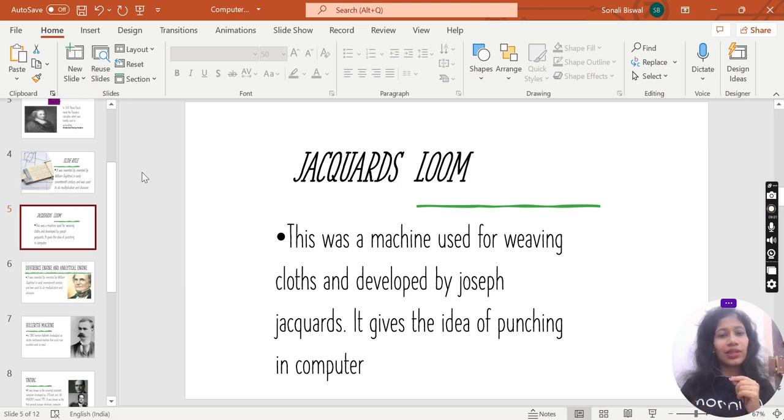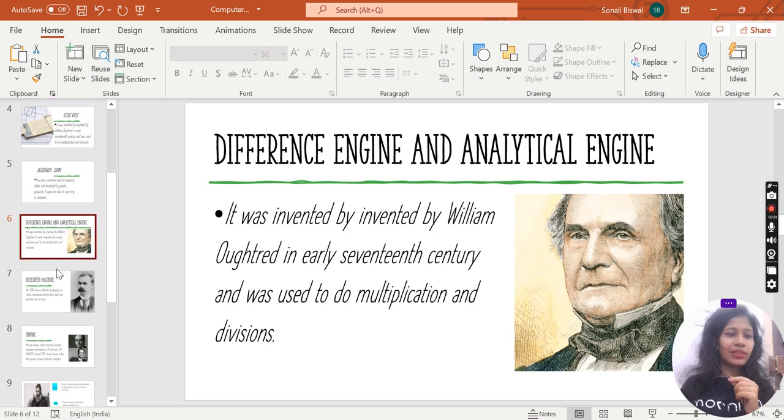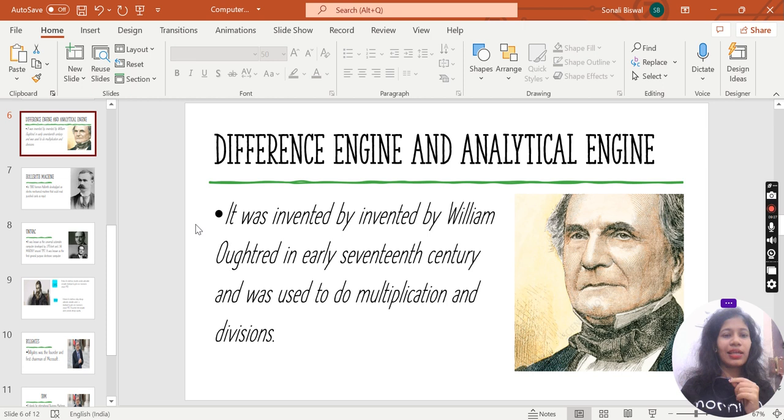Next is the difference engine and analytical engine, in 1822. Now the 17th century is also gone.